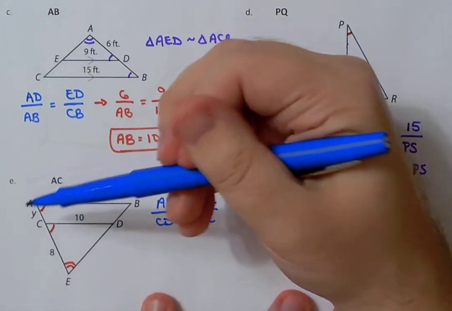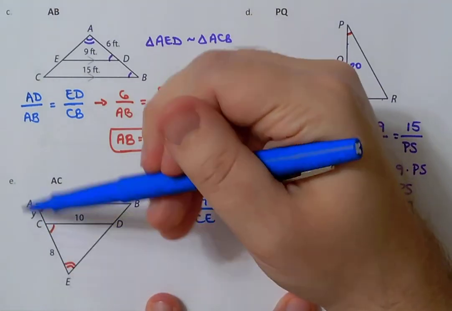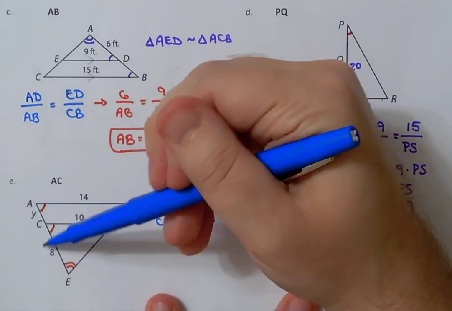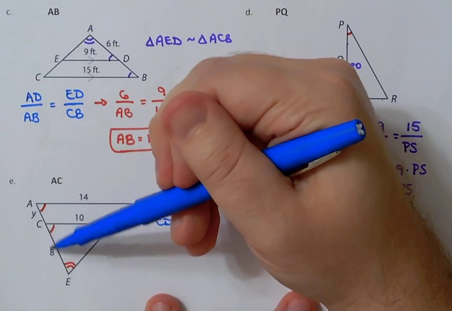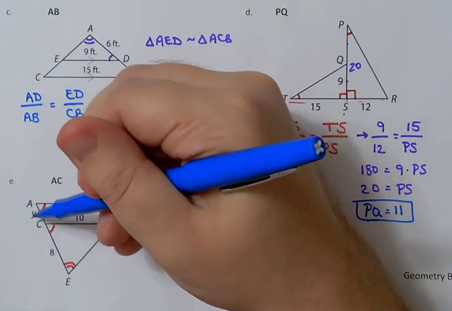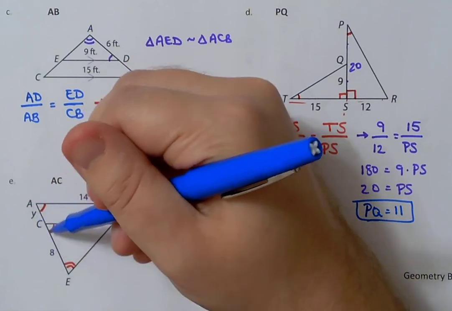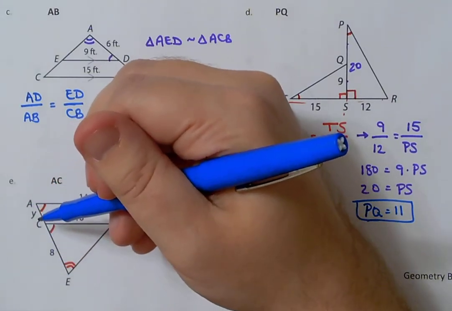So what we're going to do is figure out the whole length of AE. Once we have that whole length of AE, all we have to do is subtract away CE, and that's going to leave us with Y. Because 8 plus Y is going to equal whatever AE is. So if we just subtract 8 away, that tells us what Y equals.